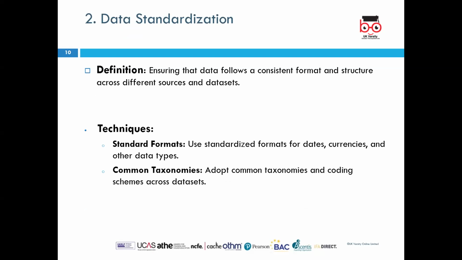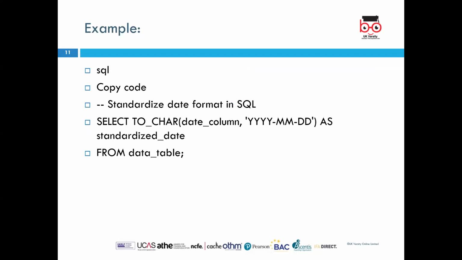Data standardization, where we ensure that our data follows a consistent format and structure across different source data sets. Techniques required are standard formats and common taxonomies. Here is an example code of how data standardization can be done with SQL.